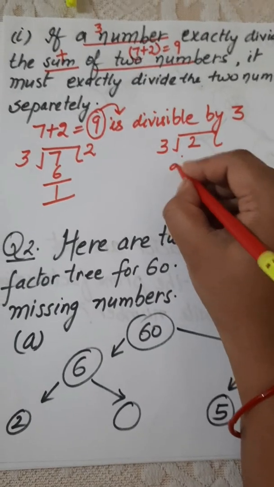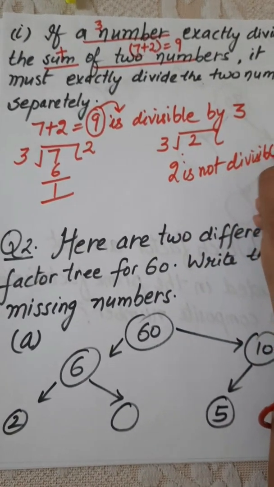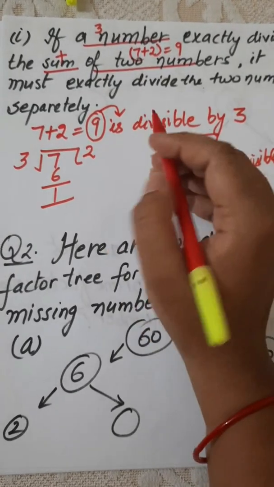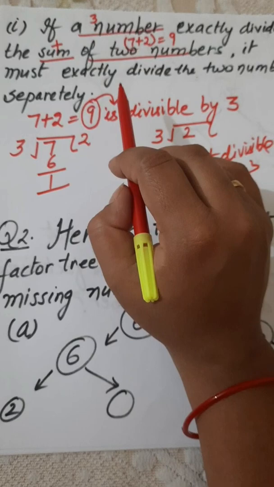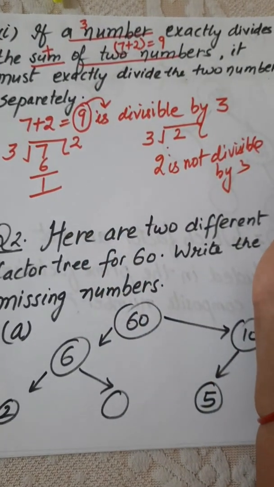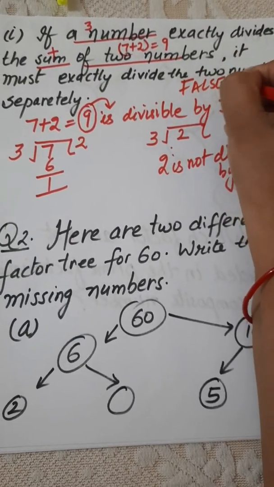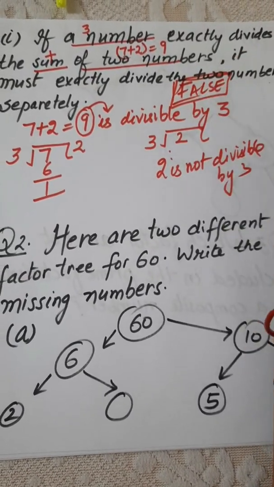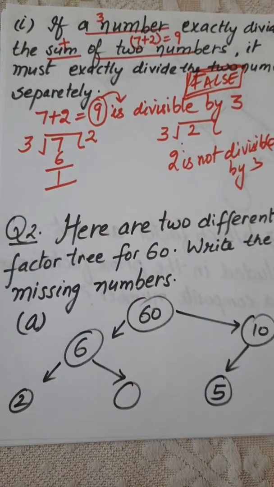We know that 2 is not divisible by 3. So this is the vice versa statement of H part. It is not necessary that if the sum is divisible by a number, then it must exactly divide the two numbers separately. So this is a false statement.